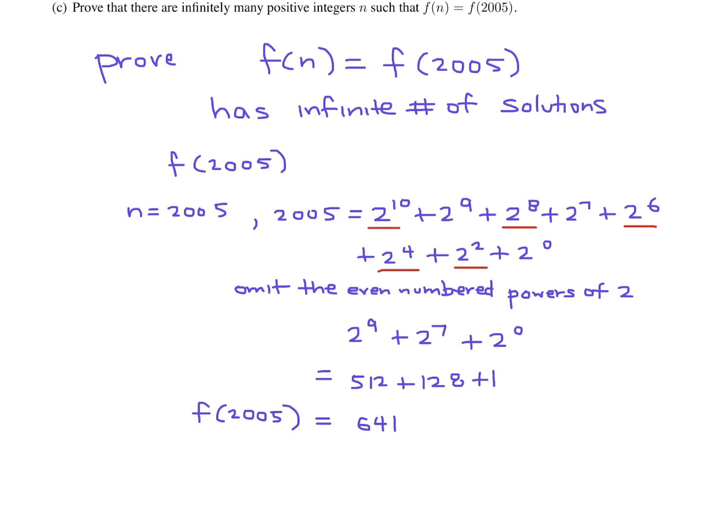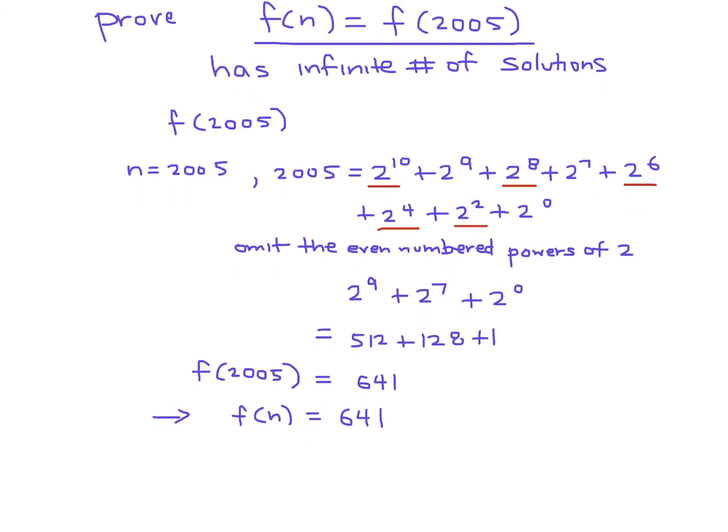That's exactly what I did in the previous part. Now I have to show that f at n is also equal to 641, since f at n is equal to f at 2005. I have to show that there are infinitely many such n. Okay, I think I can do that.